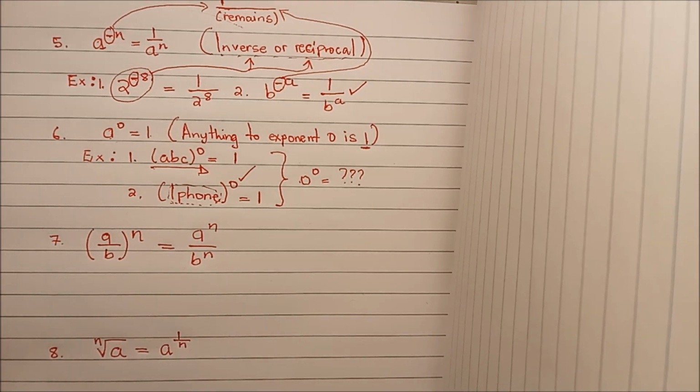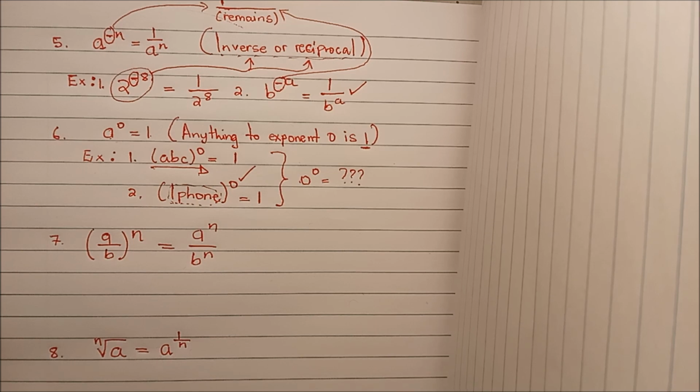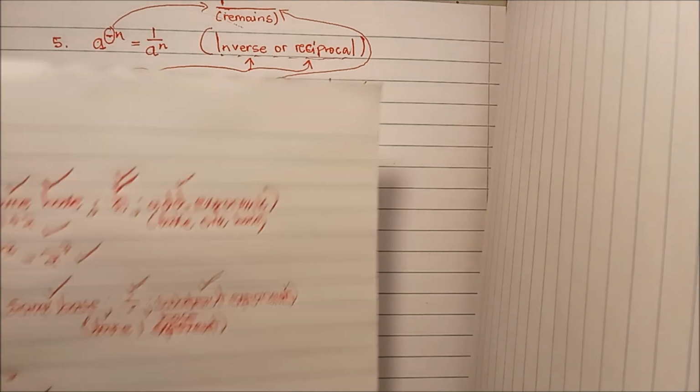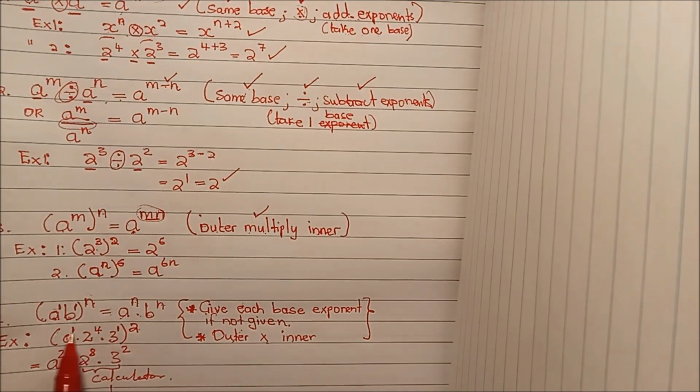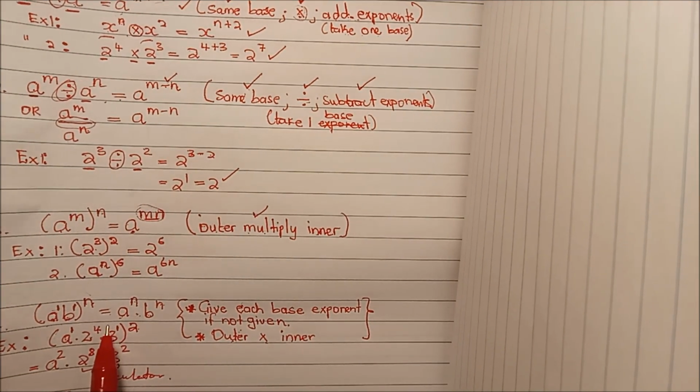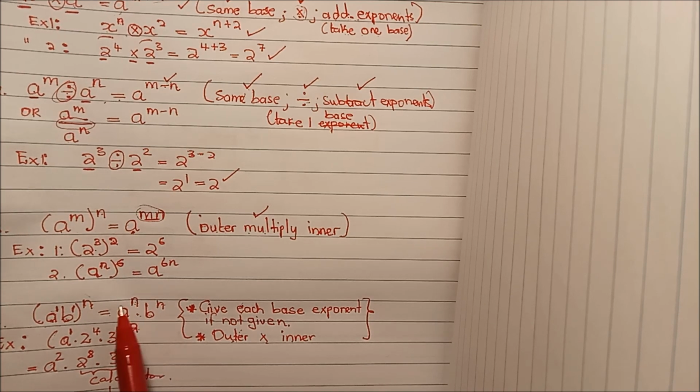Now, let's look at the 7th one. The 7th one is similar to the 4th one, whereby we said the outer multiplies the inner.